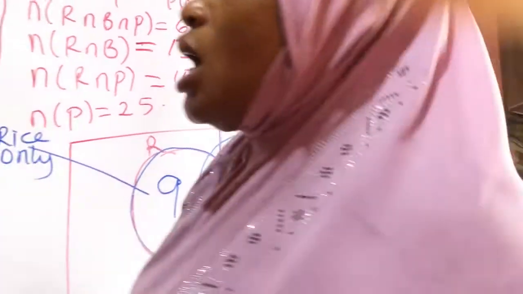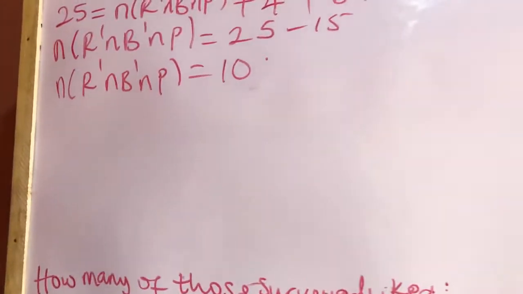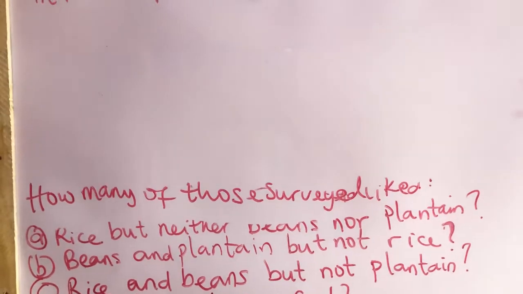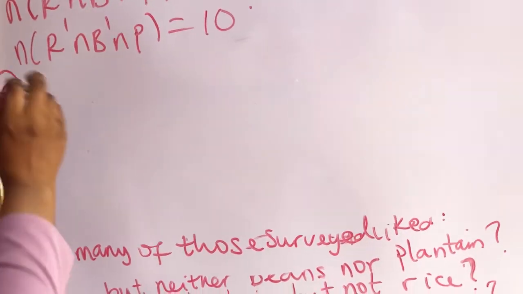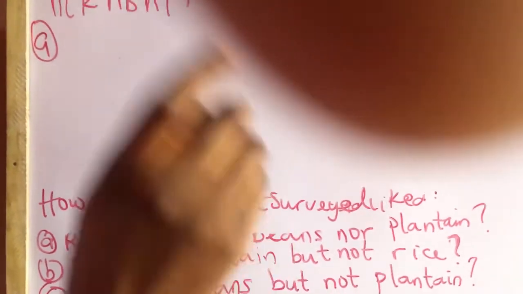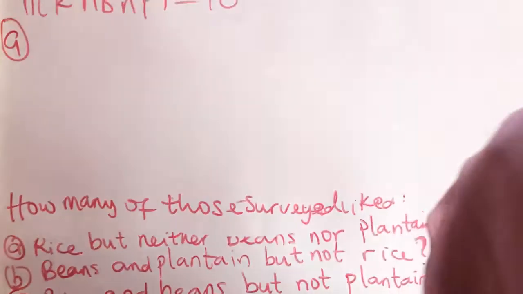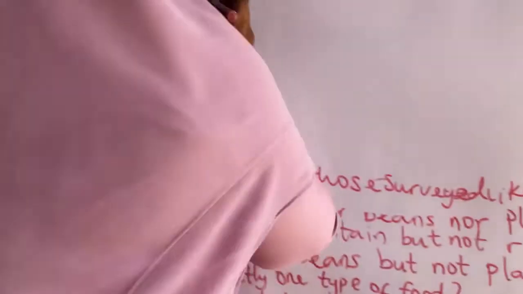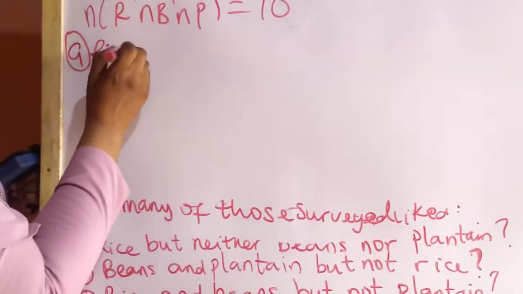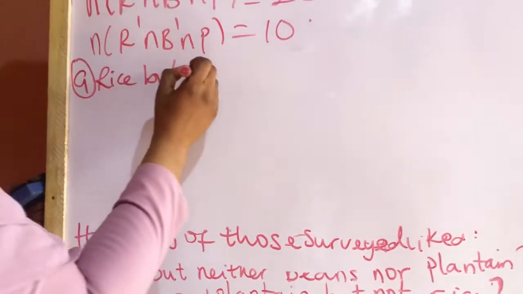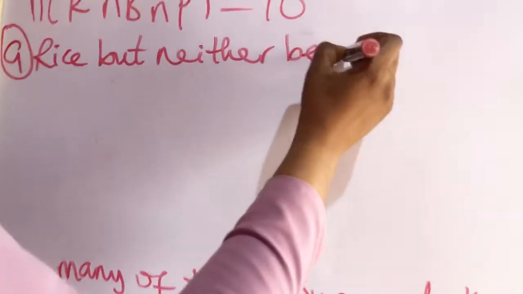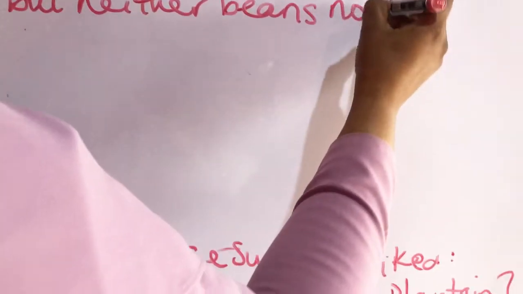Now, how many of those surveyed liked rice but neither beans nor plantain? Okay. So if they say rice but neither beans nor plantain, it means rice only.